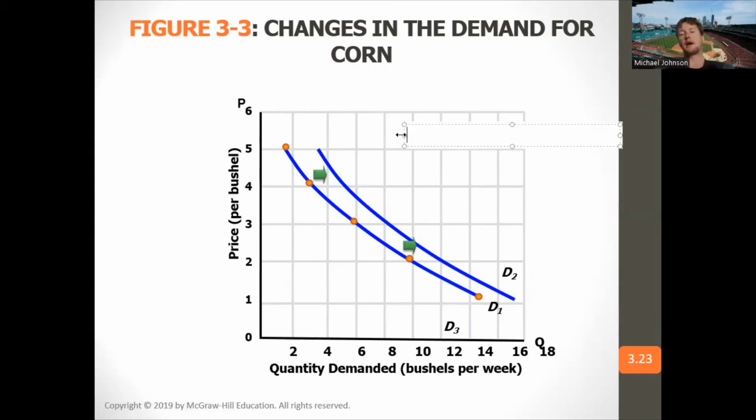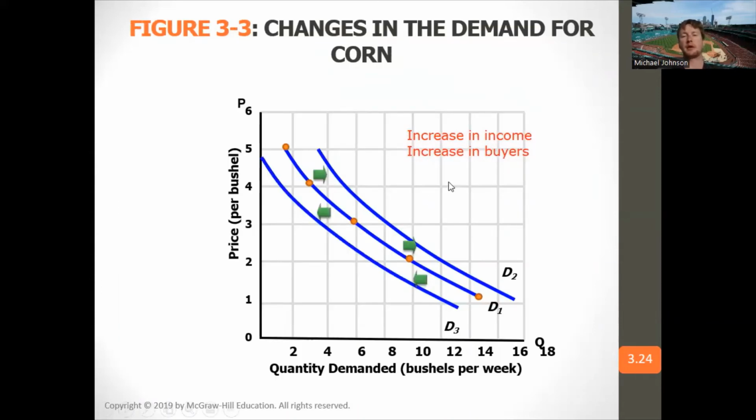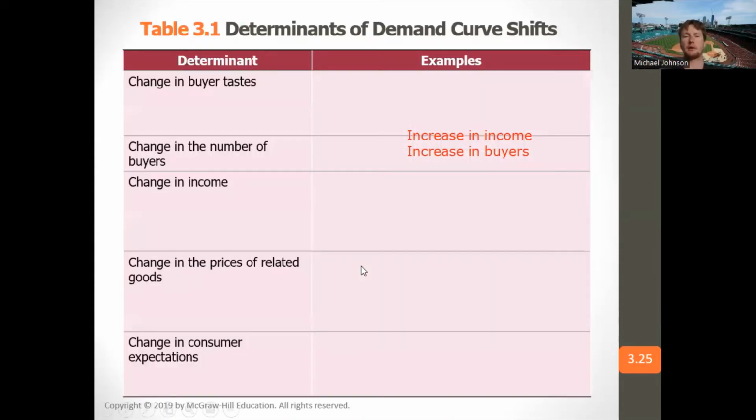It could be caused by an increase in income, increase in buyers. Those could be reasons for it. Then a decrease would be caused by a decrease in income or decrease in buyers.